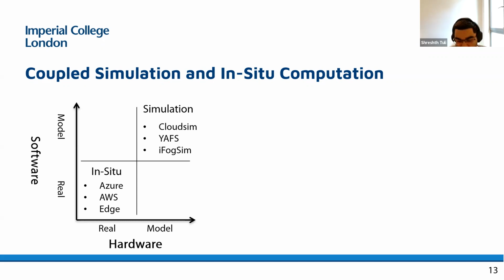In terms of the experimental methodologies, or the community that investigates these methodologies, we think in terms of two aspects: hardware and software.